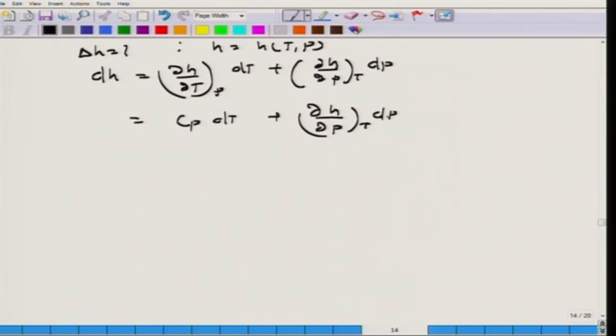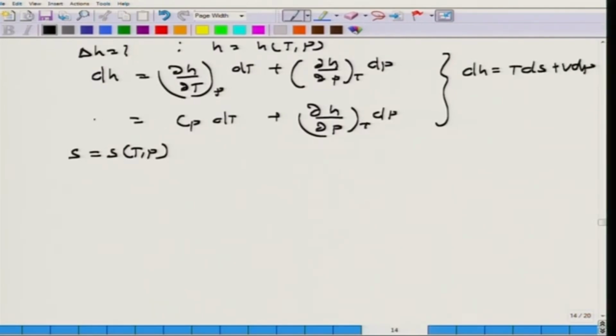Now here again we are going to make use of S as a function of T, P, the differential form of entropy, and we also know that dH is nothing but TdS plus VdP.